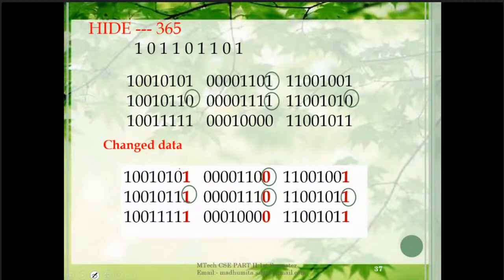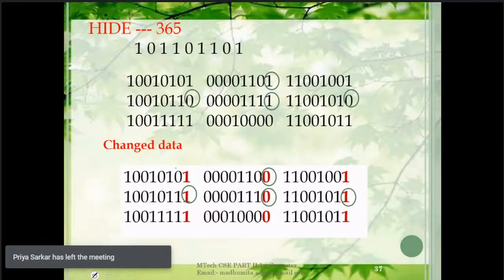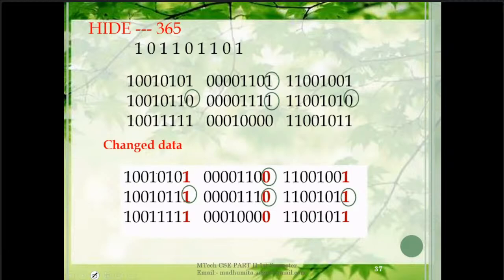If I use this bit, it will be plus minus 2. If I use this bit, it is plus minus 4. Plus minus 4 means if a 1 is embedded, it is plus 4, and if a 0 is embedded, then it is minus 4. So this is another major aspect, that this is your MSB and this is your LSB. So that's why we used to embed towards the least significant bits. Still, we can perturb up to the 4th or 5th bit.